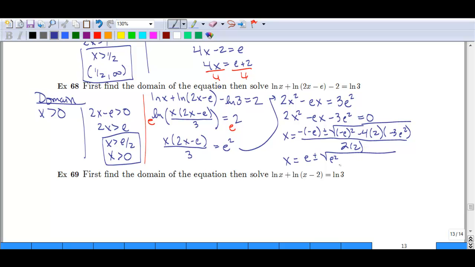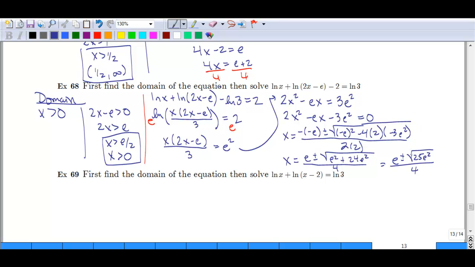Negative and negative is going to give us a positive. We got 4 times 2 is 8 times 3 is 24 e squared over 4. And that can get simplified since those are both e squared. We can end up with e plus or minus the square root of 25e squared over 4.